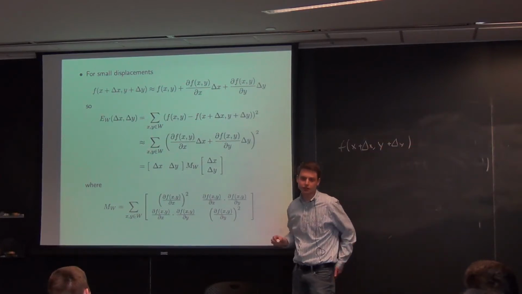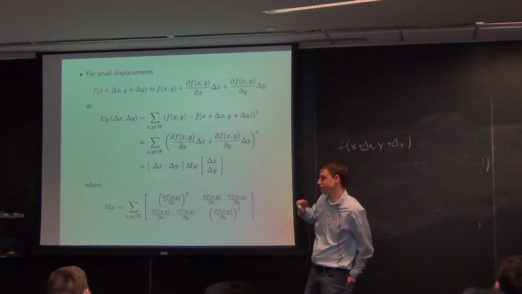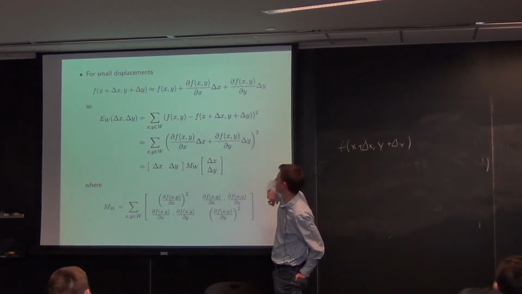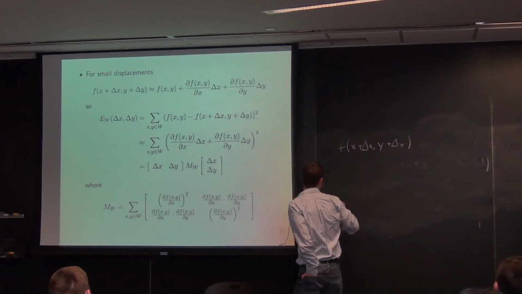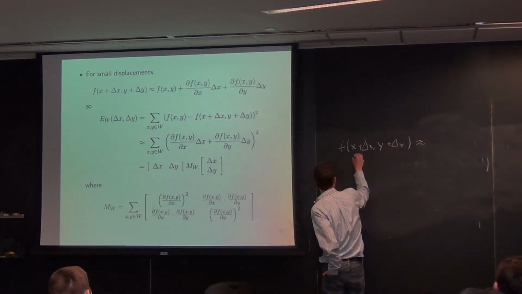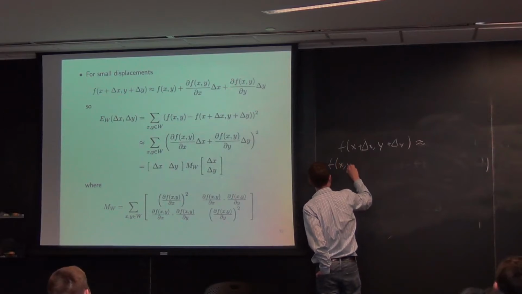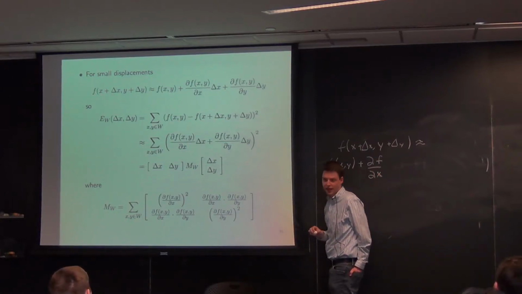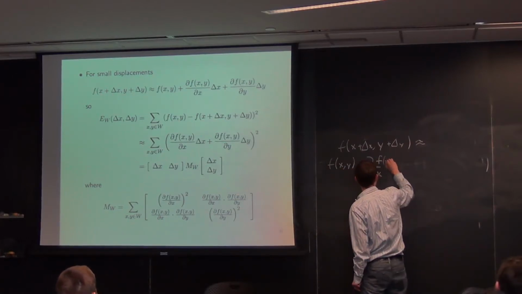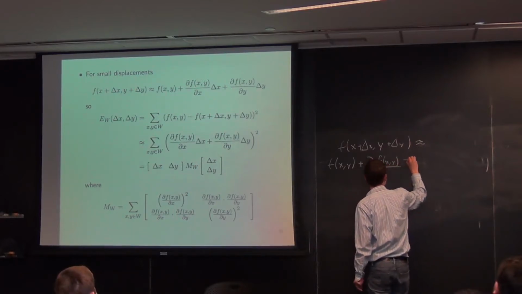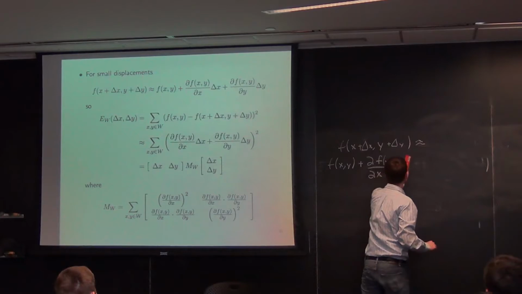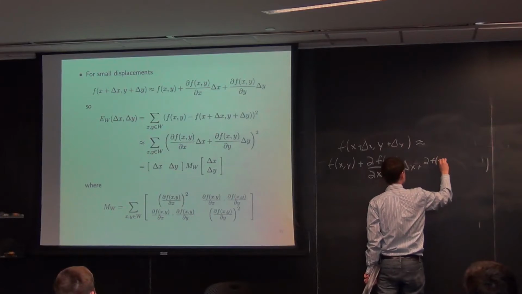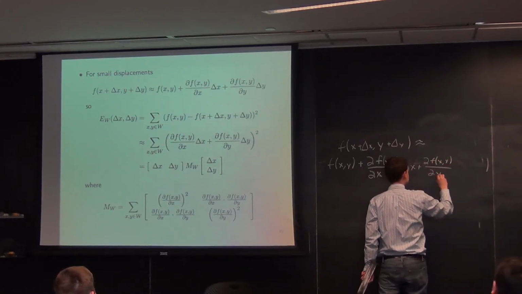By the Taylor expansion, this thing is approximately equal to, not exactly, this function evaluated at f of x and y, plus the derivative of f with respect to x, again evaluated at x and y, times delta x, plus the same thing, the derivative with respect to y, times delta y.